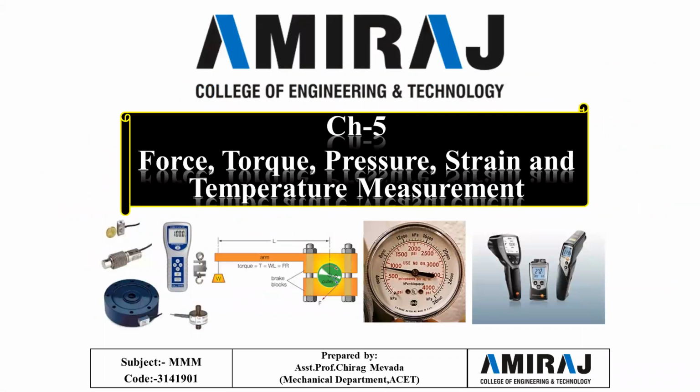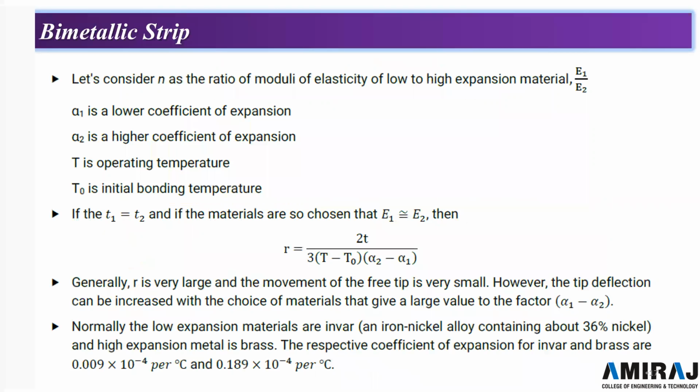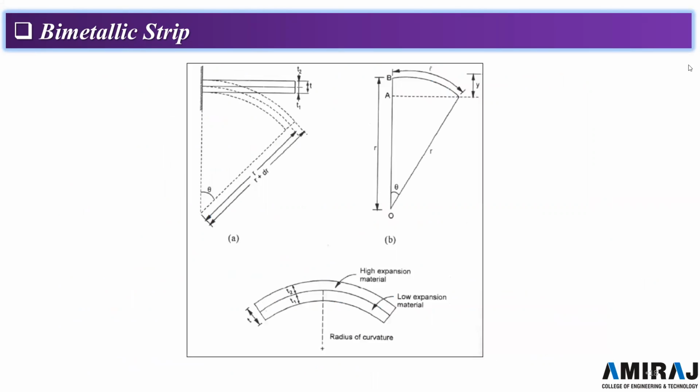Now in today's lecture, I will explain the bimetallic strip, and we will see one more device for temperature measurement, that is the thermocouple. In a bimetallic strip, you will find one particular strip, this over here, which is made of two different materials of T1 and T2 thickness.